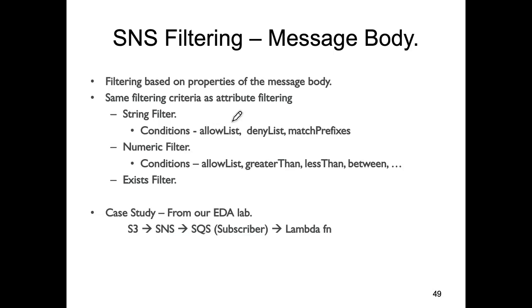You allow those to go through to the subscriber. Or a deny list. Here you're specifying that if the body property has one of the values in my deny list, then do not let it through to the subscriber. Or you could specify some sort of prefix that you're looking for in the property. And they're the exact same as the filtering conditions, as we call them.